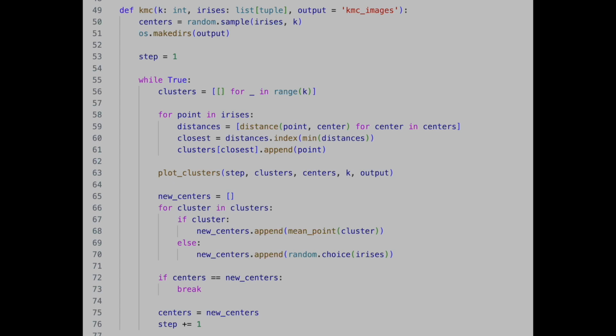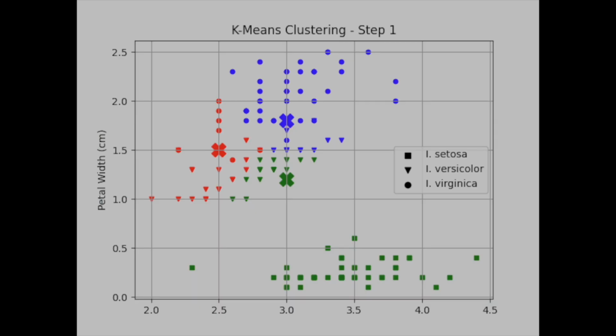If the centers stop changing, the loop ends, meaning the clusters are stable. When three clusters are plotted, each cluster mainly contains one specific species. However, there are some outliers from each species.